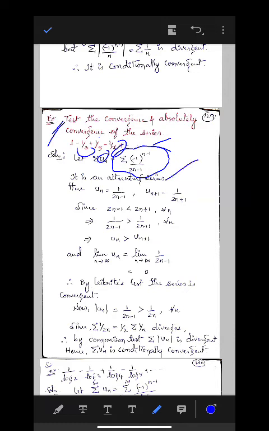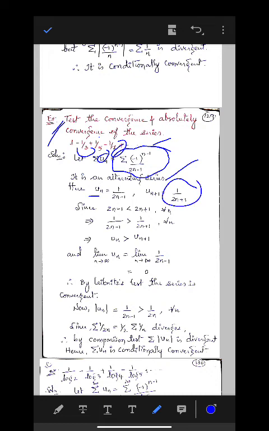Here you need to consider un as well as un plus 1, and check whether the Leibniz theorem conditions are satisfied or not. First, un is 1 divided by 2n minus 1, and un plus 1 will be 1 divided by 2n plus 1.